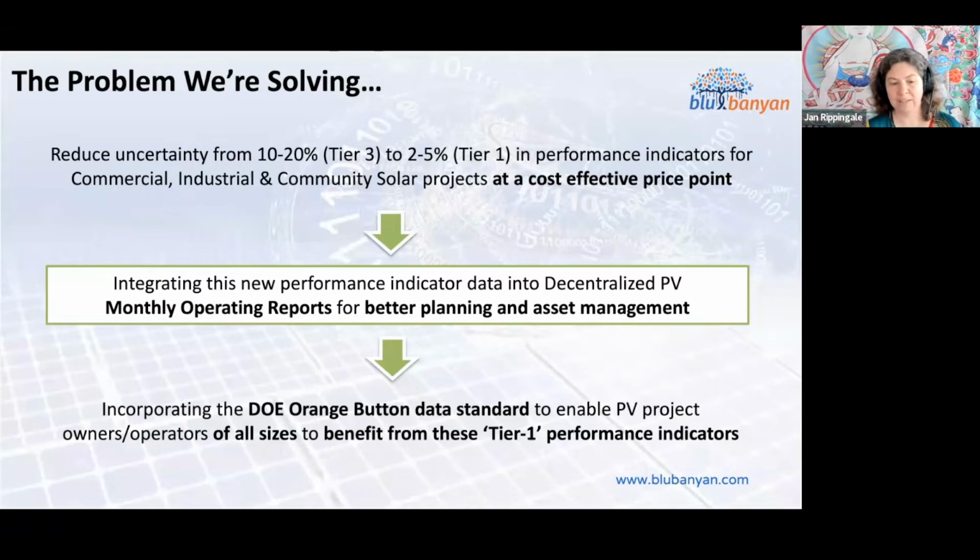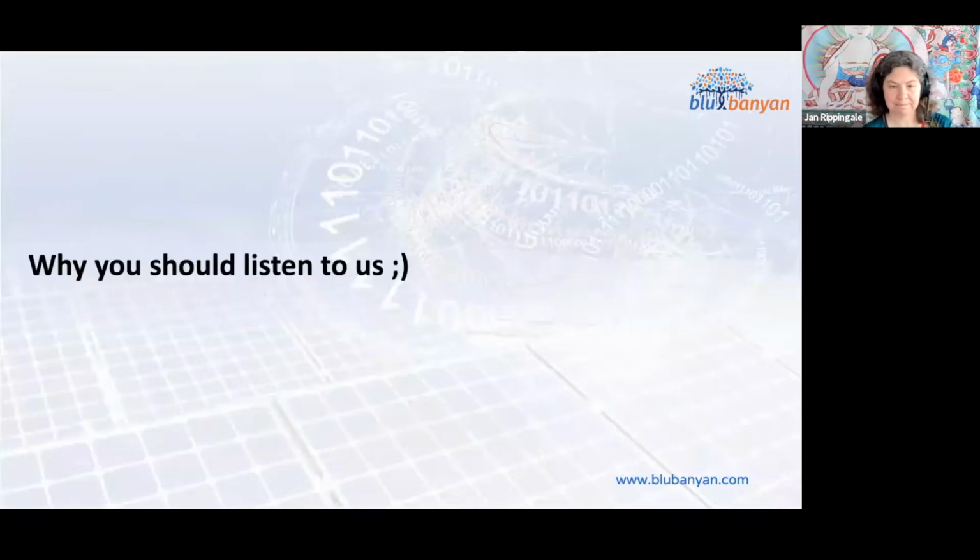The way we're able to do this is by using the US Department of Energy's Orange Button Data Standard. That enables all sizes of PV operators and owners to benefit from these tier 1 performance indicators. We want to bring these best-of-breed practices and reduce the cost so that we can deploy them at scale everywhere, so we can deploy more solar faster. Let me tell you how we're doing it.